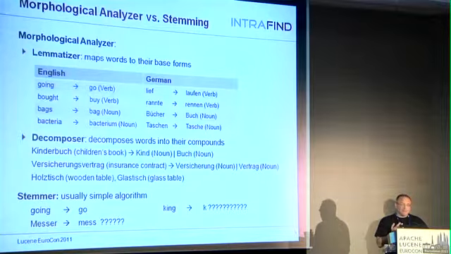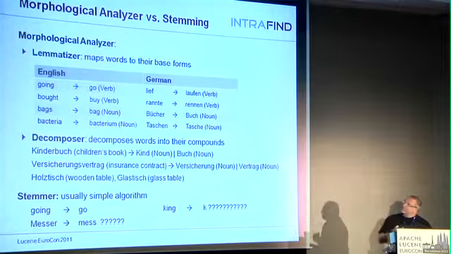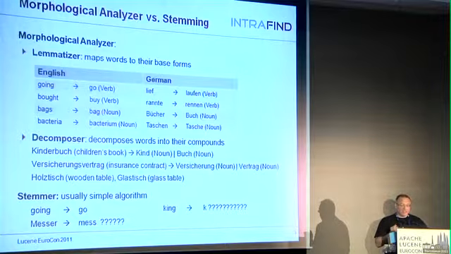So doing this kind of morphological normalization is much more difficult for other languages than in English. On the right side, I show you some examples for German, like lief maps to laufen, very irregular. Rannte, meaning he ran, maps to rennen, and so on. Bücher maps to Buch, which means book.